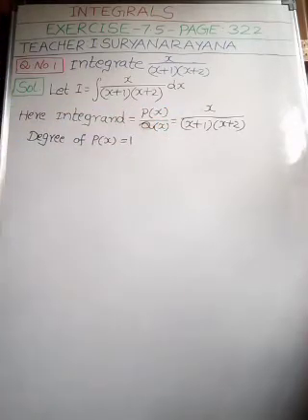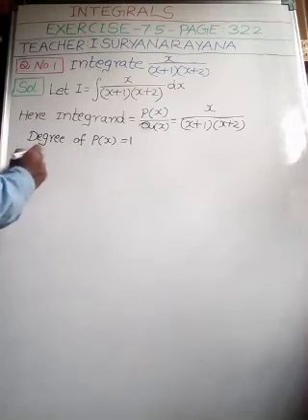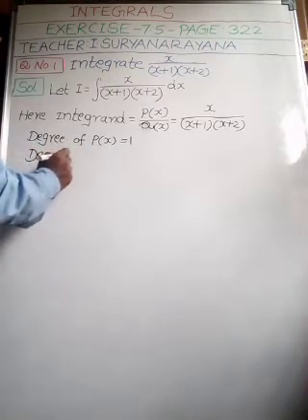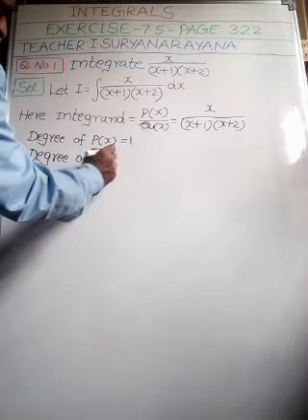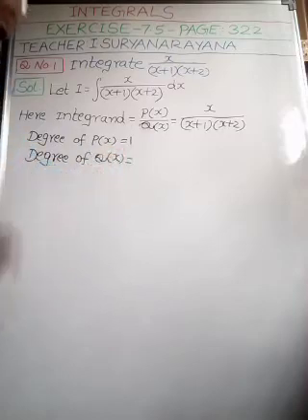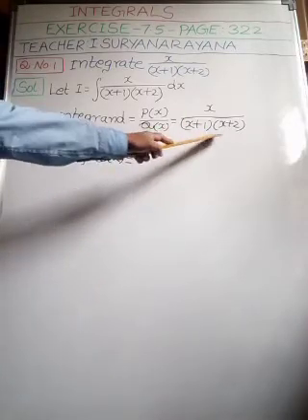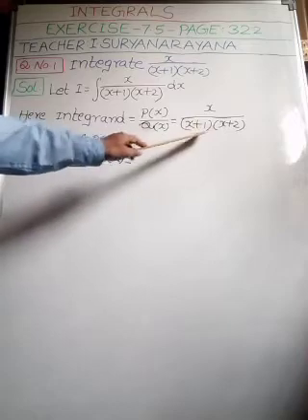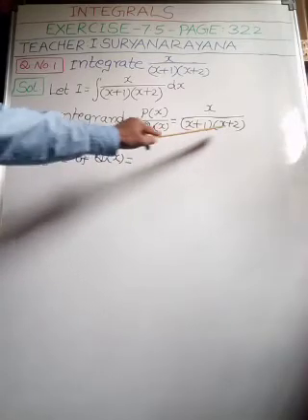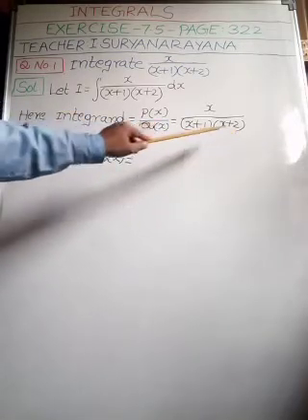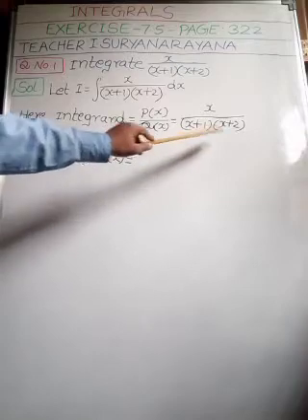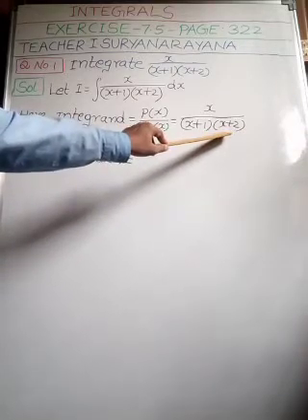1. Degree of q of x. What is the degree of q of x? Previously I told you, this is a linear factor, this is also a linear factor, a linear expression in x.